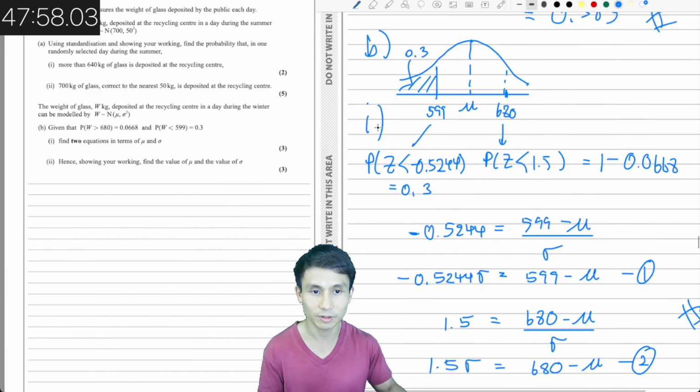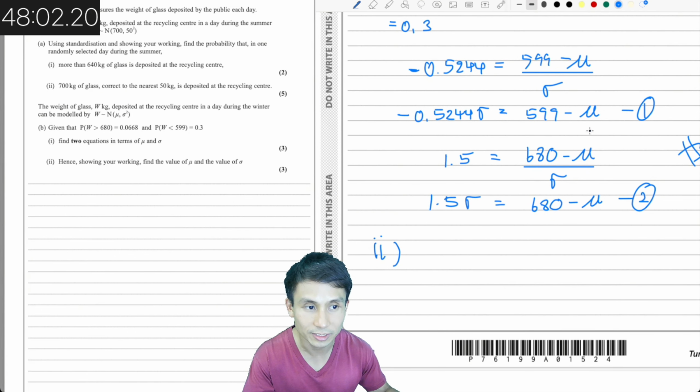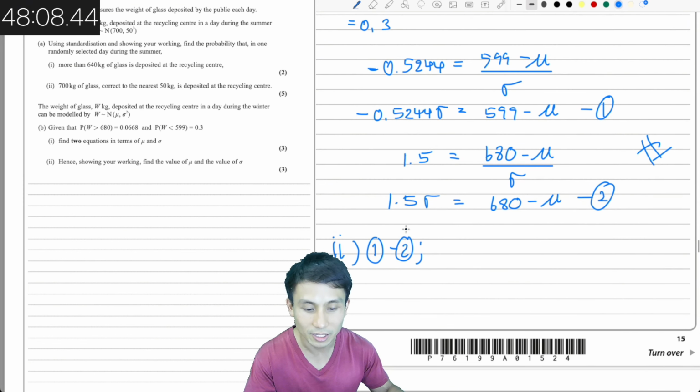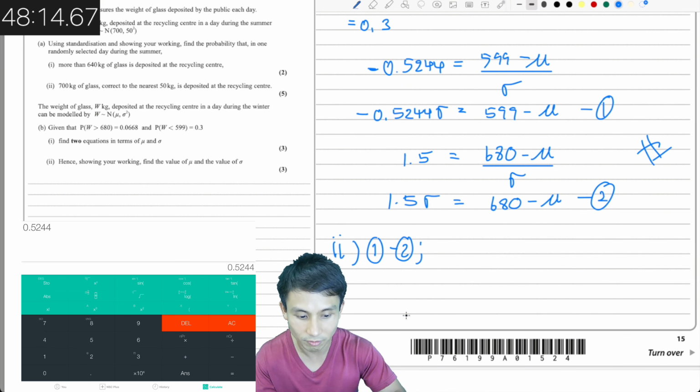Okay. So it is easier if we subtract them. If I do 1 subtract 2 like this, I'm going to get 0.5244 minus, well, these two are both minus.